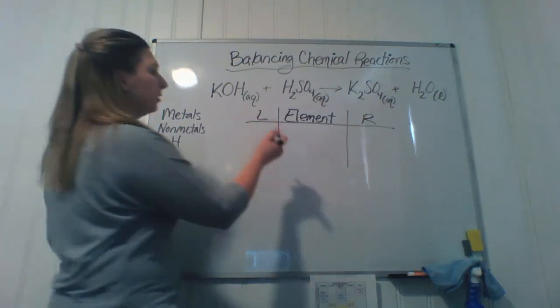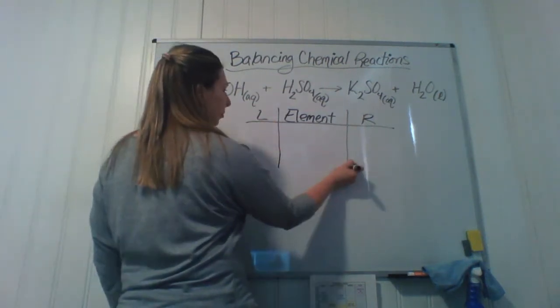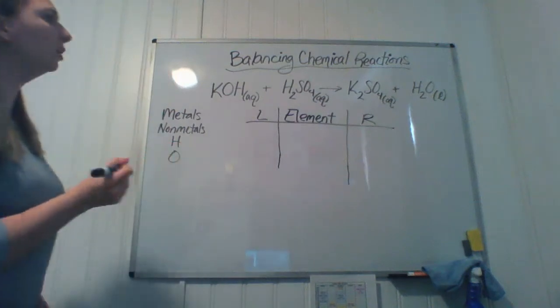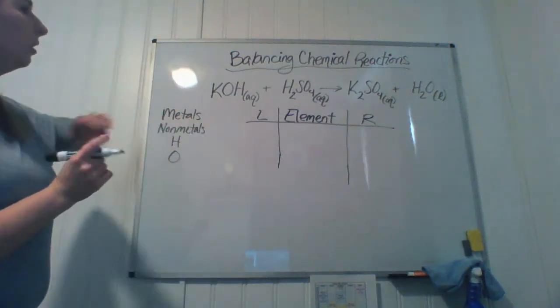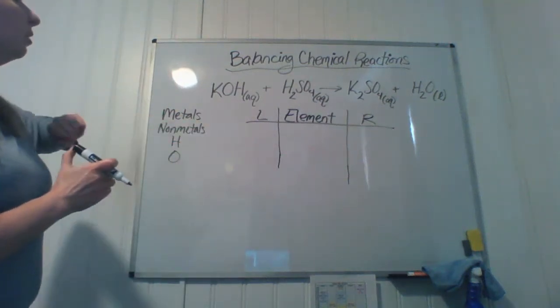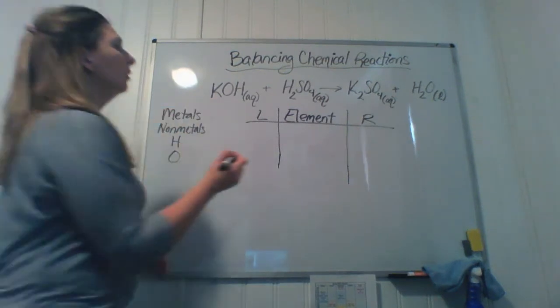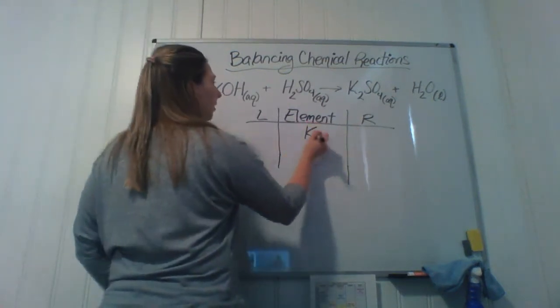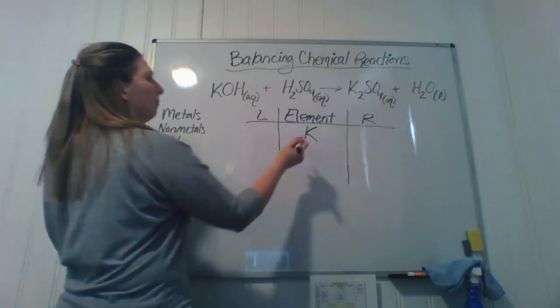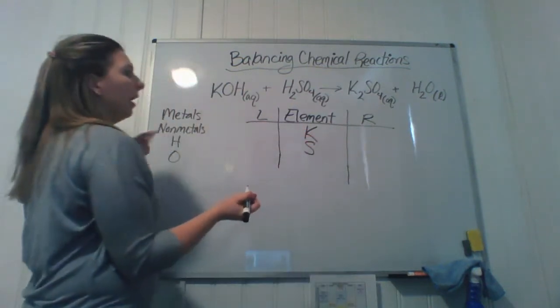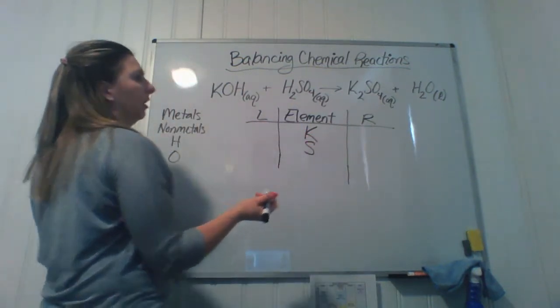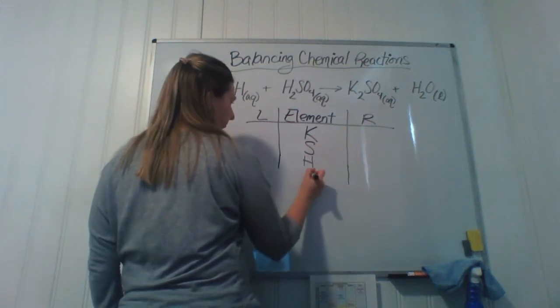Okay, so let's go through our elements that we have present in this chemical equation. We have one metal, which is potassium. So let's start with potassium here. Then we have a nonmetal, sulfur, and then what's left is our hydrogen and oxygen.